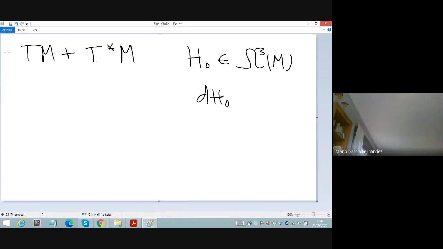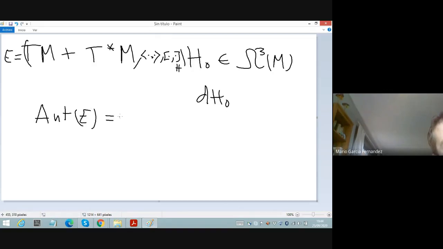If I call this E endowed with the full structure, so E is going to be this thing, the pairing, and the H bracket, then the automorphisms of E are given explicitly as follows.